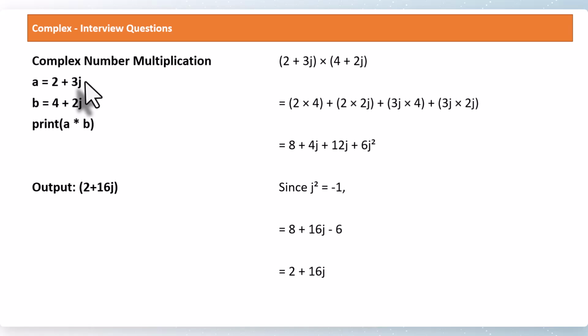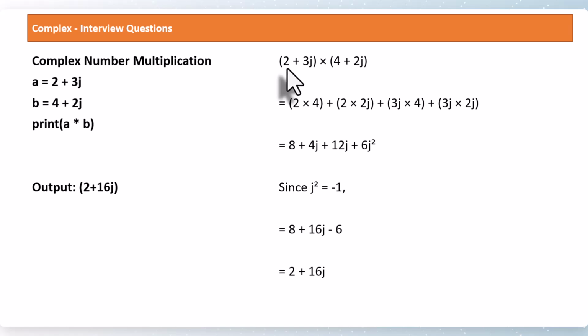Now, I have mentioned the multiplication of two complex numbers, how we are going to get it. A equal to 2 plus 3j, B equal to 4 plus 2j, A multiplied by B. What is the output of this? Here, A is 2 plus 3j multiplied by B, which is 4 plus 2j. The multiplication will be something like this.